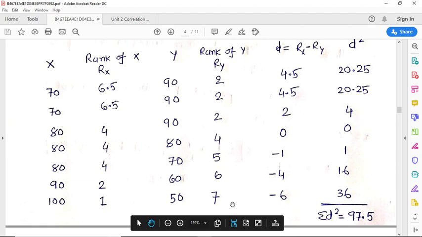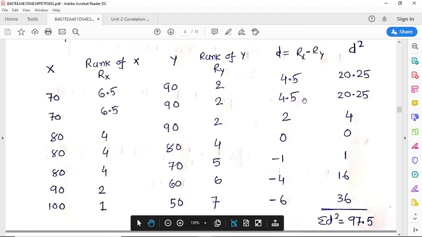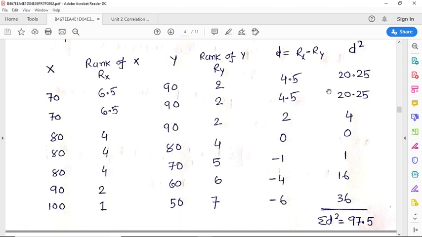And now take the difference. So d will be this Rx minus Ry. So these are the differences, you can easily check that. Okay, so now we need the squares. 4.5 square will be 20.25. That is the same, it is 4, 0.